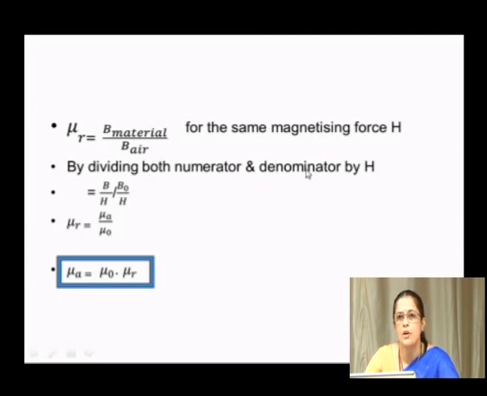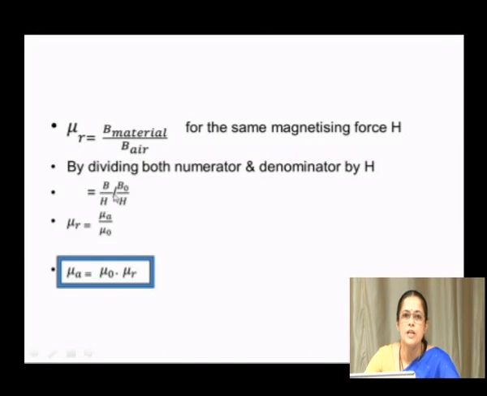Divide both numerator and denominator by H. H is the magnetizing force, and the important thing to remember is that we are applying the same magnetizing force H. So, in the numerator B divided by H, and in the denominator B naught, which represents the flux density of air, is also divided by H. And we know that B by H is nothing but mu A. We have already defined, when we defined the absolute permeability, that it is given by the equation B by H, and mu naught is the absolute permeability with respect to air.